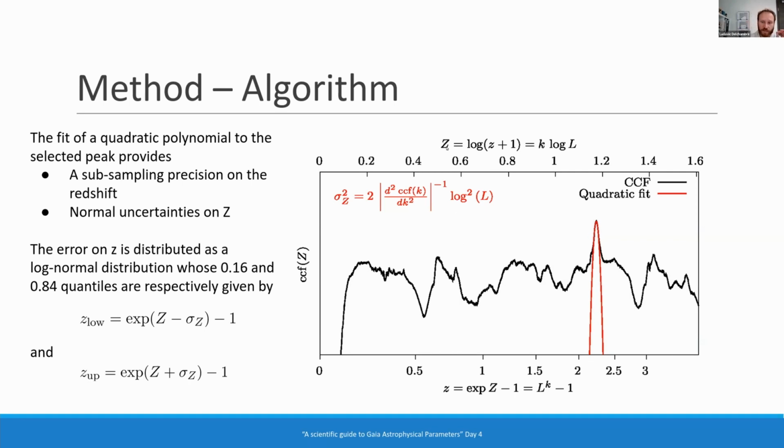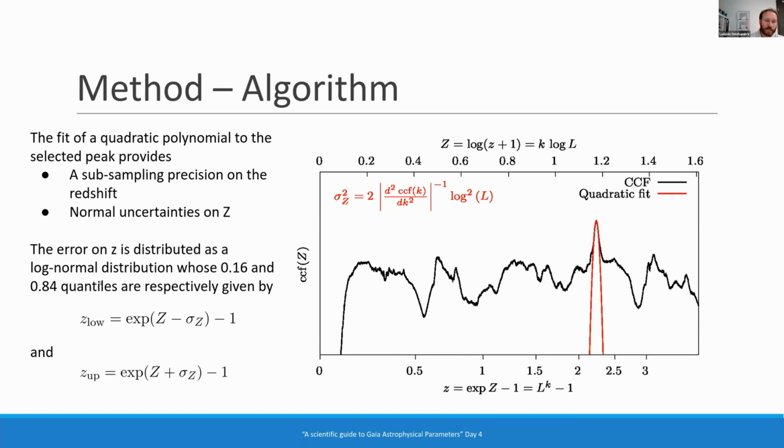What we have then, since the redshift is the exponential of the logarithmic redshift, is that the uncertainty on the redshift is distributed as a log-normal distribution. So it is normal if we take its logarithm, but it is obviously shifted by 1.